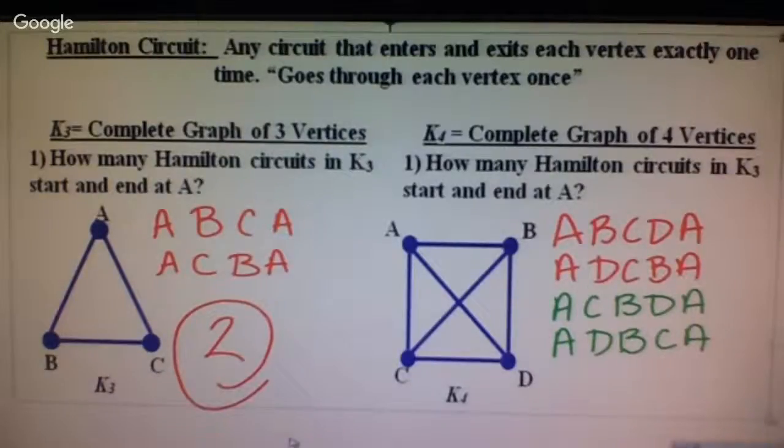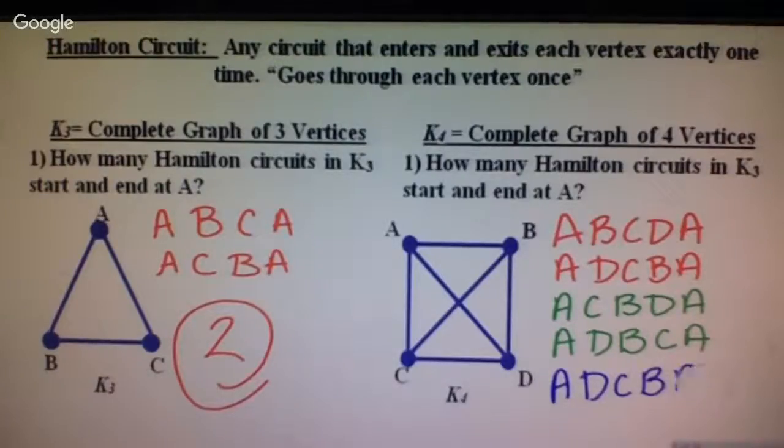Do I have any more? Yes. What we got? A, D, C, B, A. Oh wait, hold on, we already have that one. I lied. That one matches this one. There is another one. Instead of it being D, it could be A, D, B. No, we already got that one.